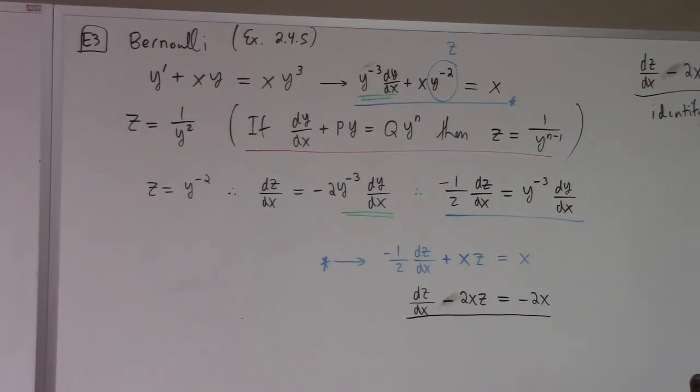Identifying Q doesn't really matter much, but that's a linear first order differential equation. So what technique do we use? Integrating factor technique. So what's our integrating factor? Exponential of the integral of minus 2x dx, which is what? That would be e to the minus x squared.